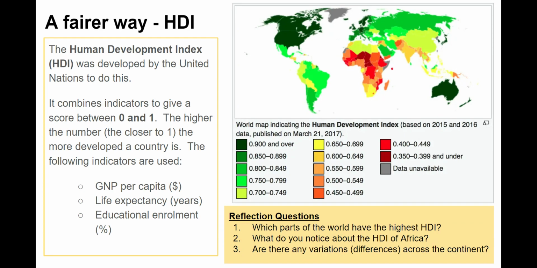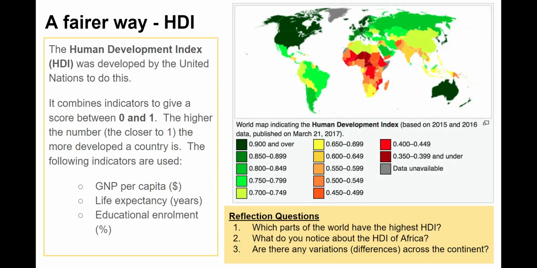But what I really want you to take away from this is an understanding that yes, levels of development across the continent of Africa are lower than in many parts of the world, but there are big variations. It's not the same level of development everywhere. And remembering the pictures we looked at towards the start of this lesson, even within these countries that are LICs, there are still pockets of wealth, and there's a huge amount of variation even within the countries.